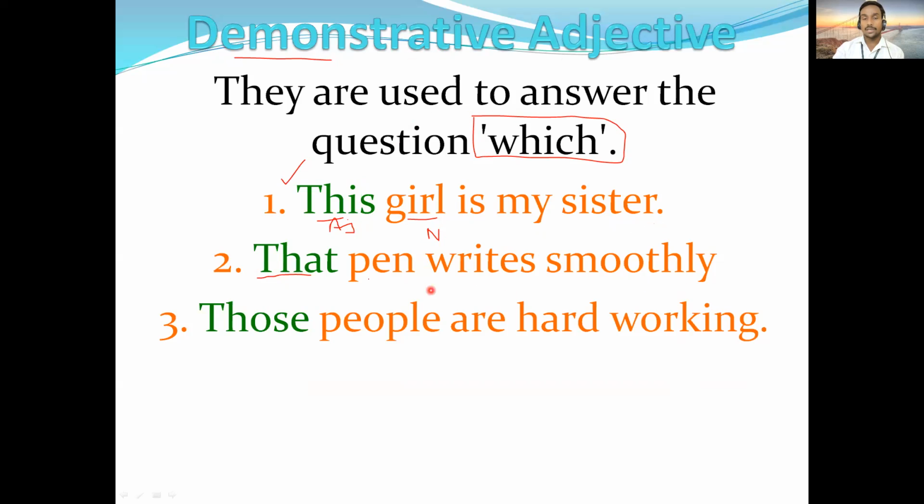When I say that pen, pen is a noun and that is talking more about it, so that is a demonstrative adjective. Here again this is for close and that for away. Those people are hardworking. People is a noun, those is an adjective, a demonstrative adjective.